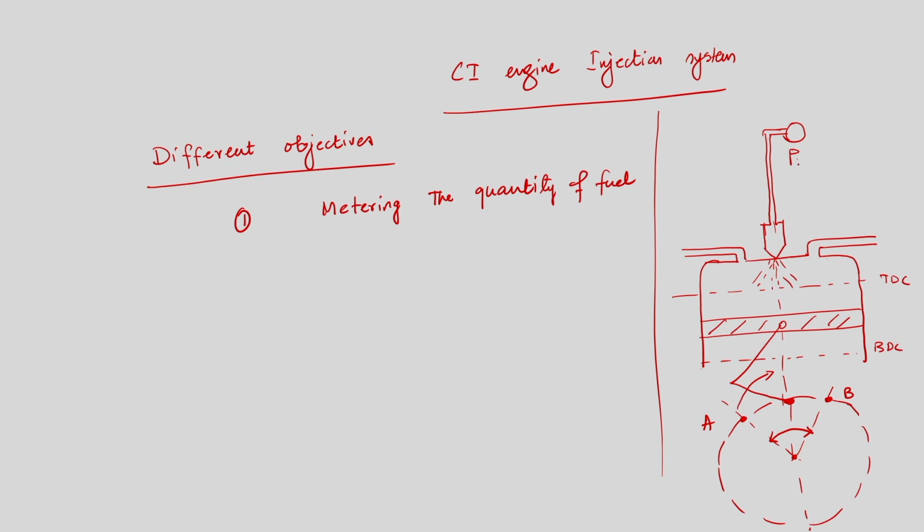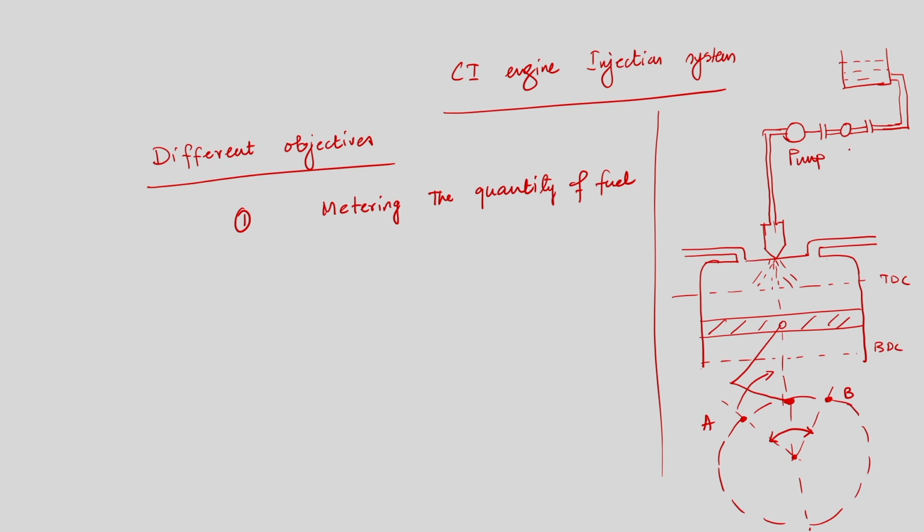So, this is the pump, then we will have a strainer, a small pump, and a strainer, and that will come from the fuel sump.